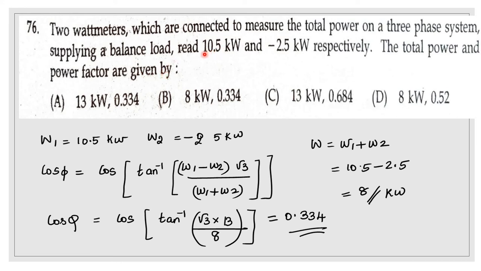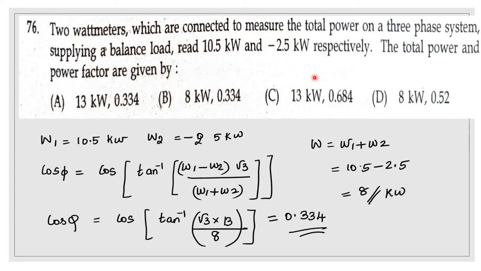So what is the total power? Summation of both, W equal to W1 plus W2. W1 is 10.5, W2 is minus 2.5. Summation of both will get 8 kilowatt.